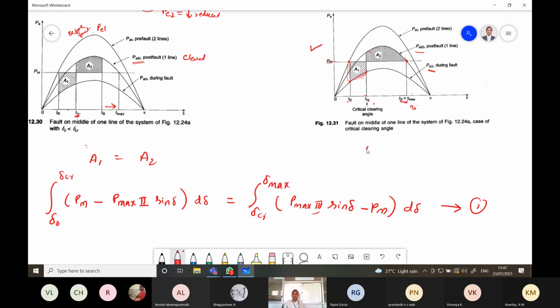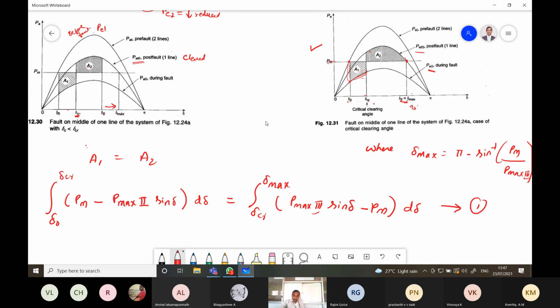Okay, so delta max can be written as pi minus sin inverse of Pm by P max 3. Now integrate equation number 1.